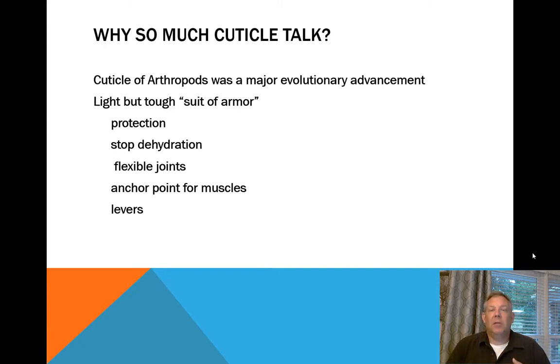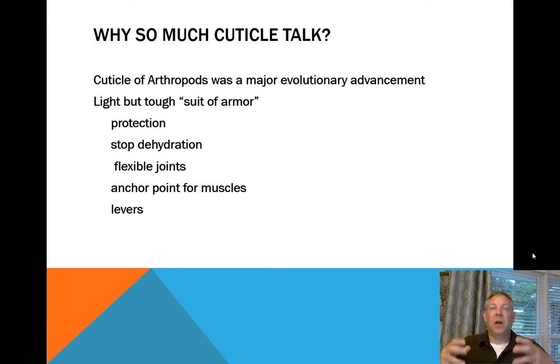And so having this hard exoskeleton is good, of course, for protection. That waterproof layer helps to stop dehydration. The joints are flexible like a suit of armor, and so even though you've got protection, you still have mobility. Just like an endoskeleton, an advantage of a skeleton is it's an attachment point for muscles.